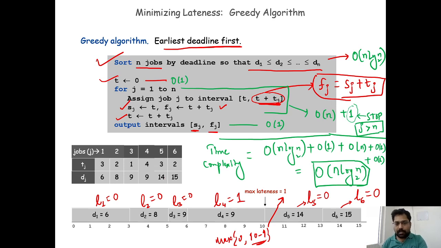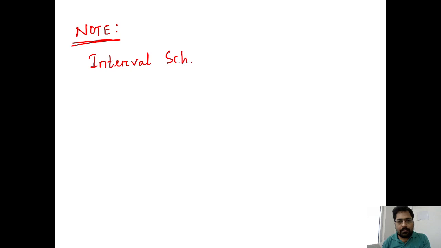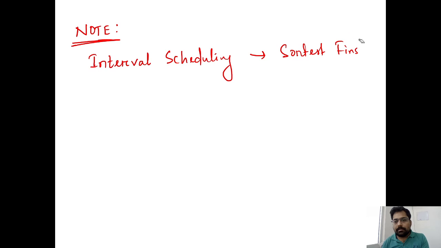Okay, the note we have to remember is, for both interval scheduling and interval partitioning, first, interval scheduling: we are focusing on the shortest finishing time, or finish time, which is f of j.